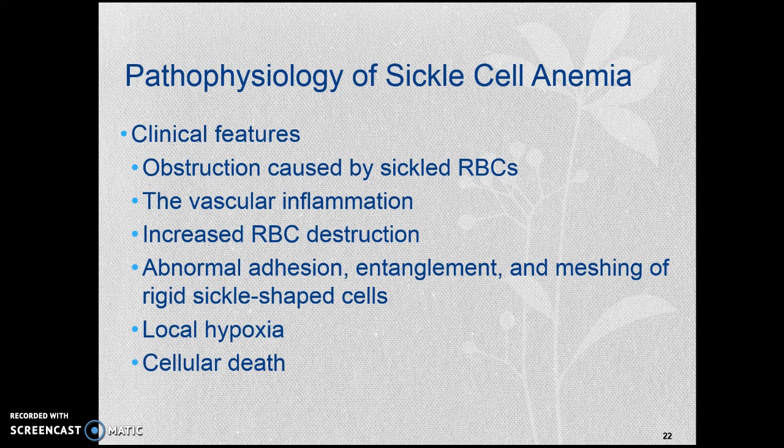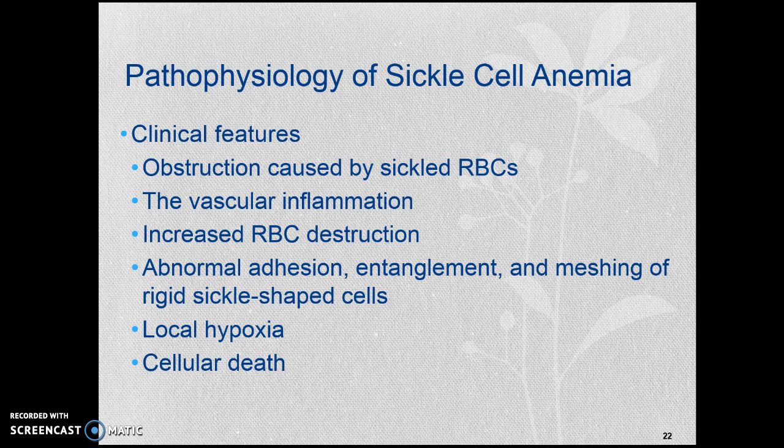You'll also see vascular inflammation, and there will be an increased red blood cell destruction. And because of these odd-shaped red blood cells, you're going to see them entangling with each other, causing thrombi. And by causing thrombi, it then can cause an occlusion. Typically, it'll be in the microvascular areas, which will cause hypoxia and eventual cell death to the tissue.